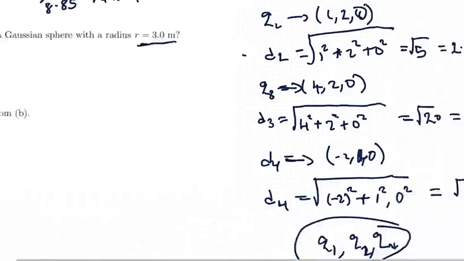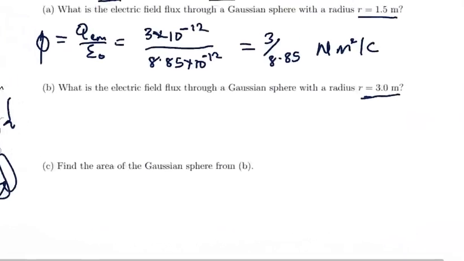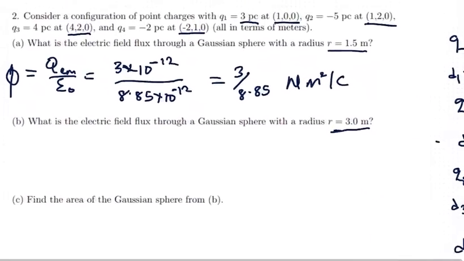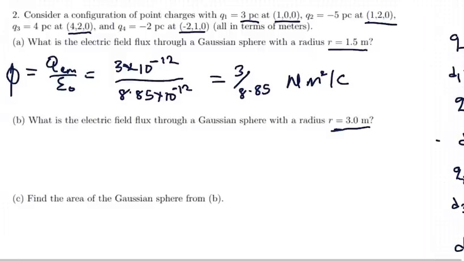So we have the formula for flux to be Q divided by epsilon naught, and the total charge enclosed will be equal to Q1 plus Q2 plus Q4.